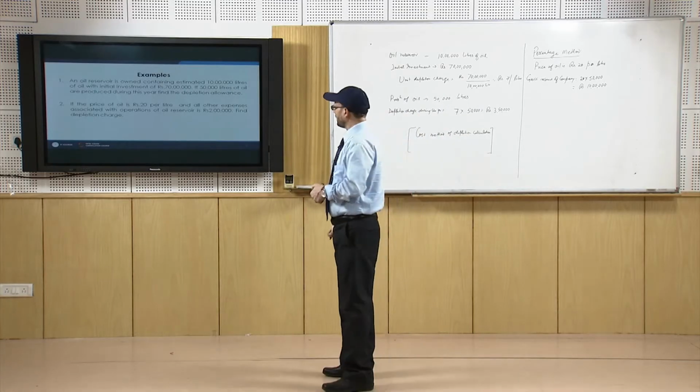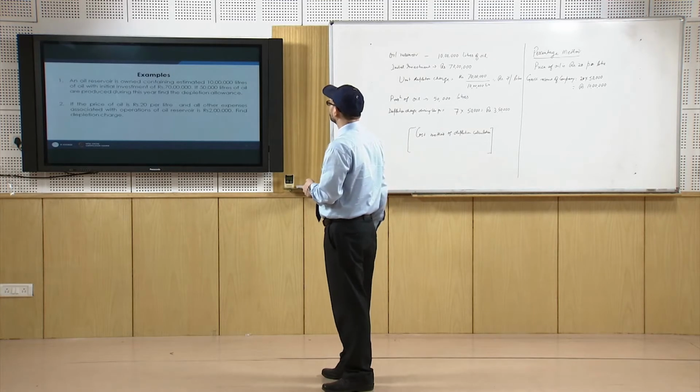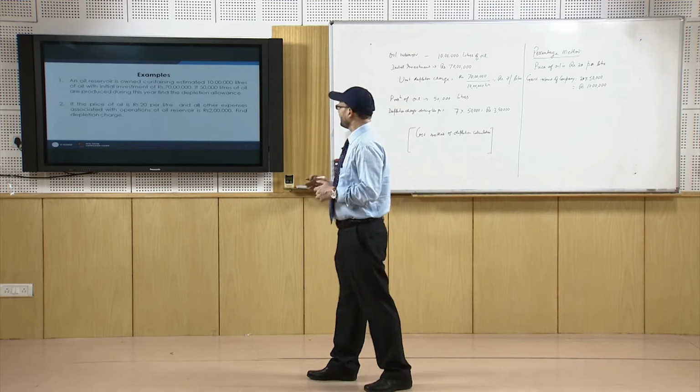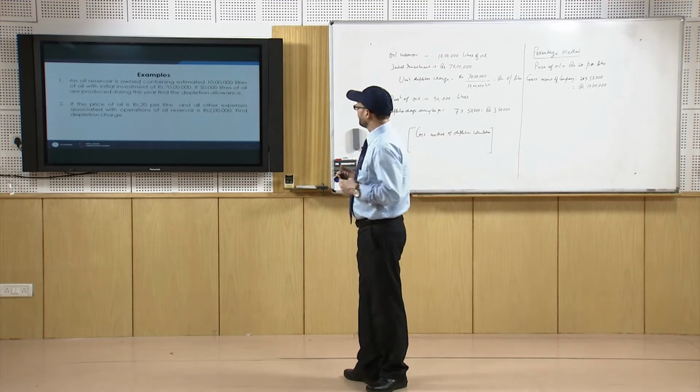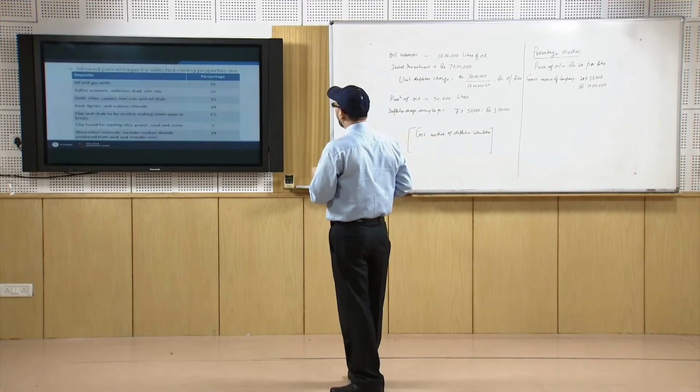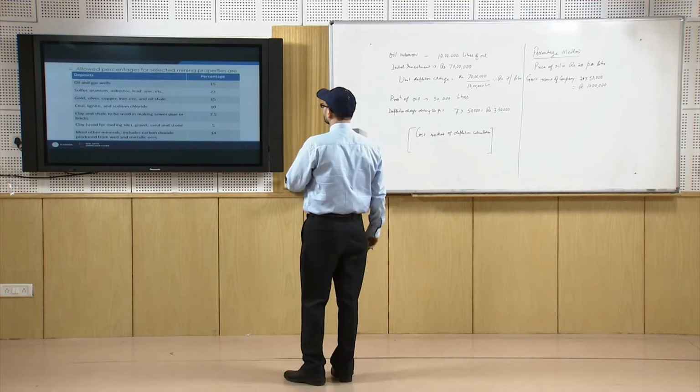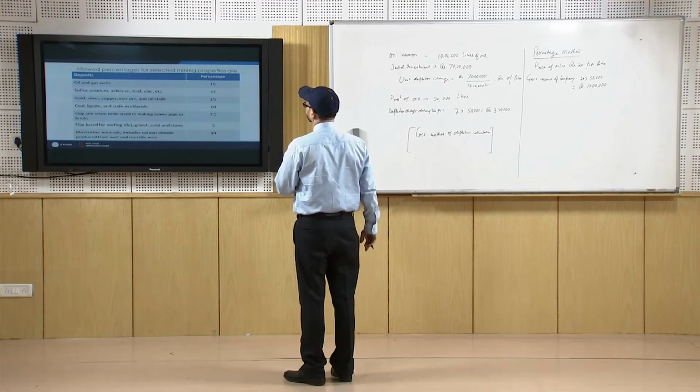Now, this is the gross income of the company. Now, here we have to use the percentage method. So, we see that for oil the percentage depletion charge is 15%.